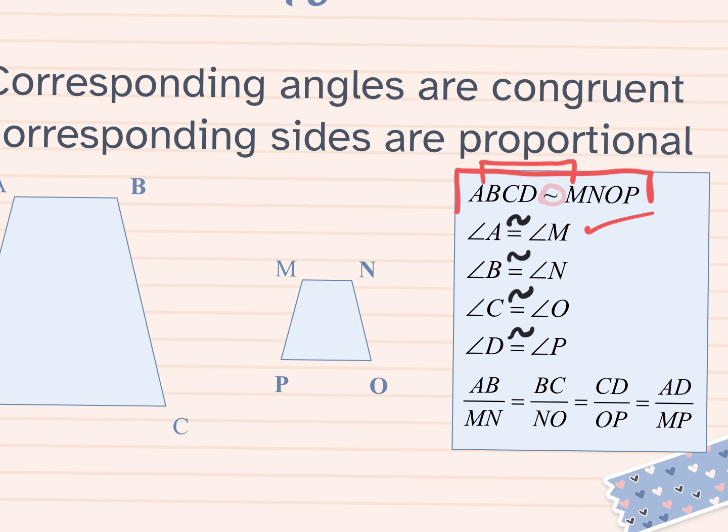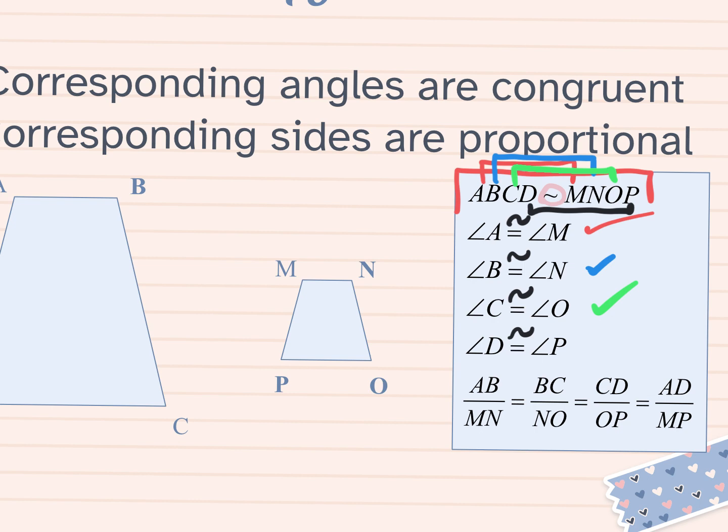And then the next letter, the B, the second letter, will be congruent to the N. And then the third letter, the C with the O. And then lastly, the D and the P. So those will be your congruent corresponding angles in the similar polygon.